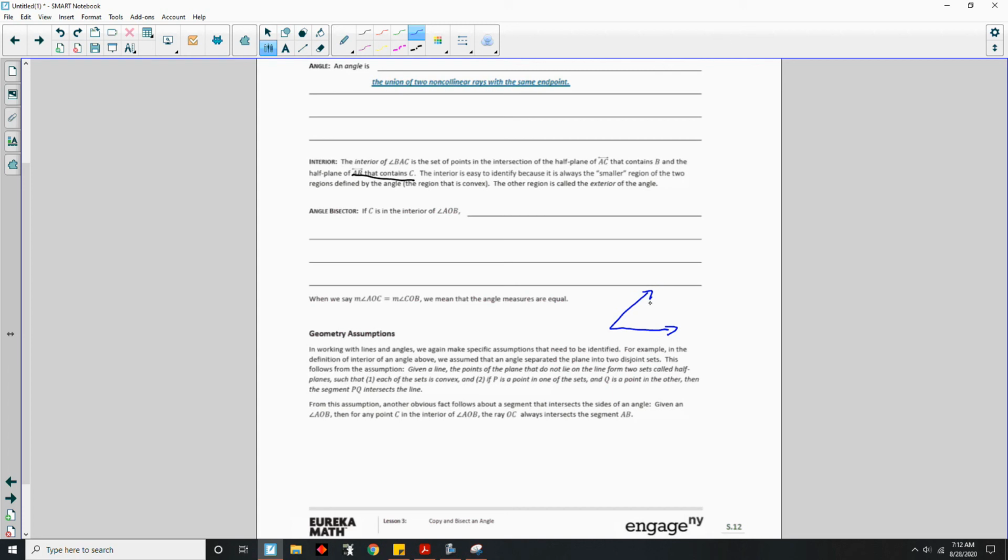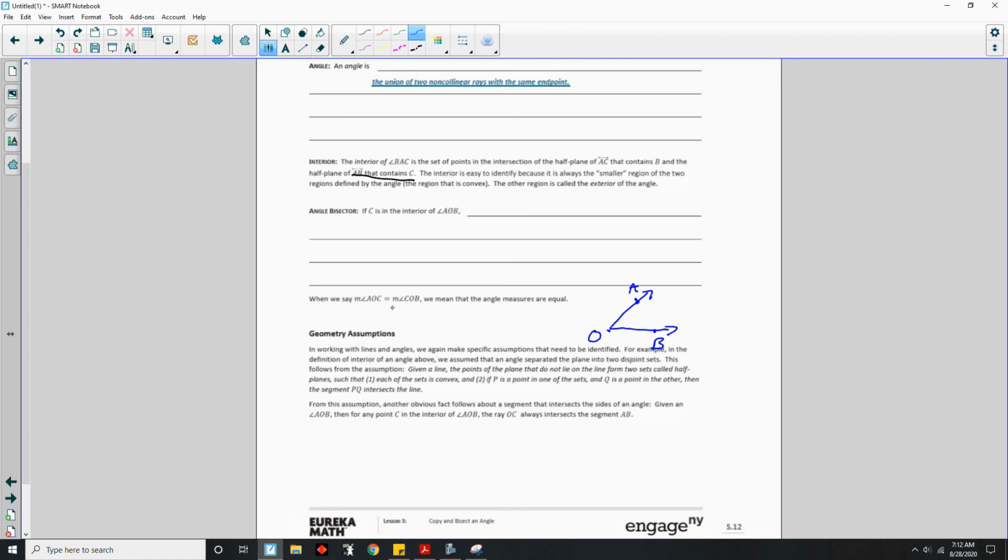Okay, so if this point here is A, and this point here is O, and then this point here is B. That is angle AOB.